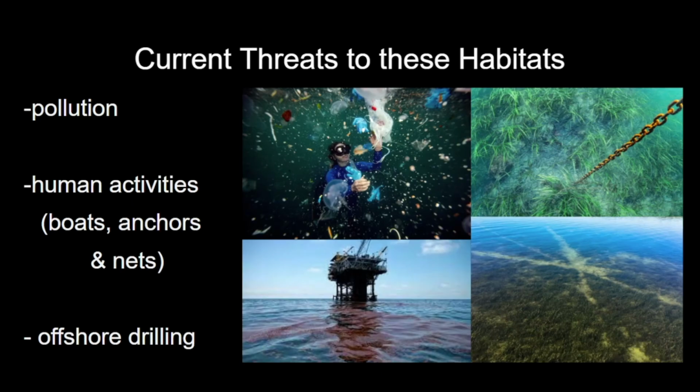And so our next slide is current threats to these habitats. You have the obvious of climate change and sea levels rising, and sea level temperatures rising, but we also have plastic pollution, you have chemical runoff, a lot of just plastic floating around between every single zone of the continental shelf.